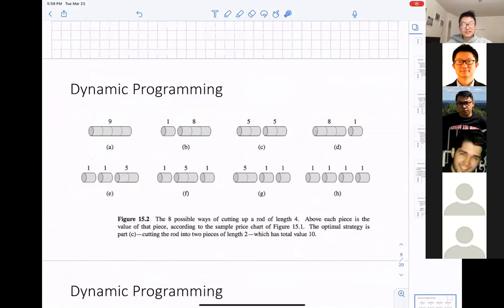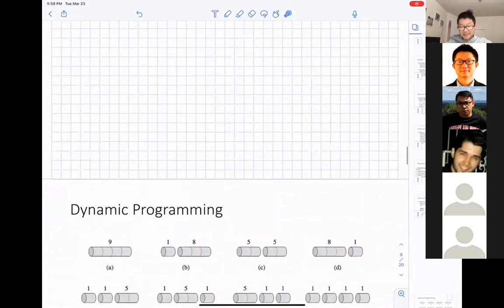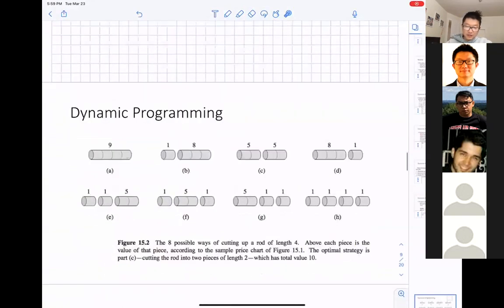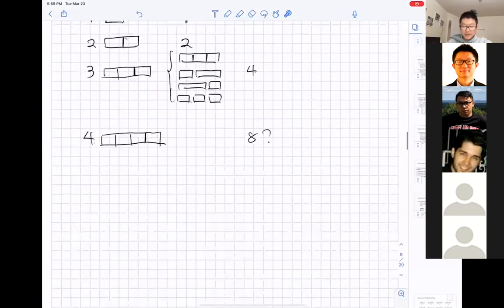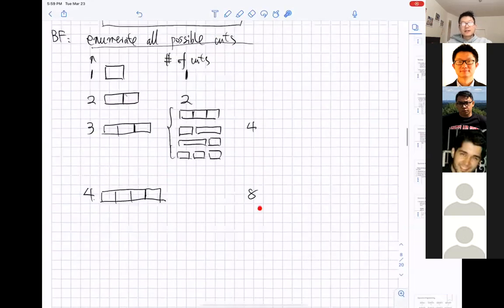So in total, there are 8 ways to cut a rod of length 4. Correct?